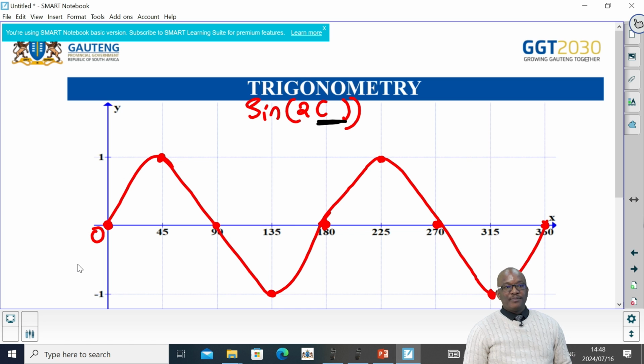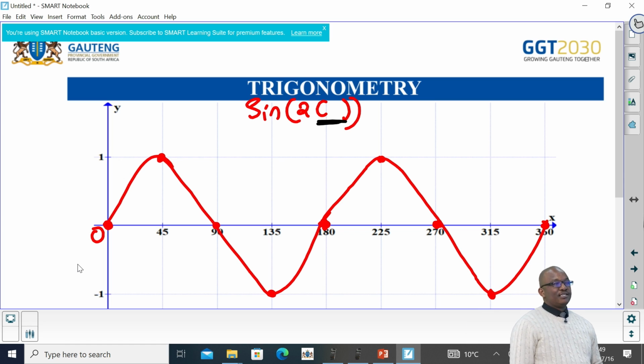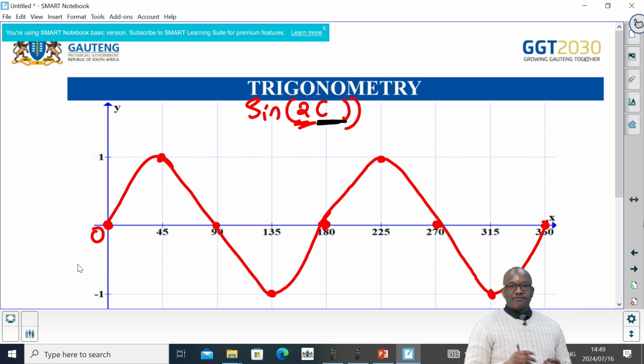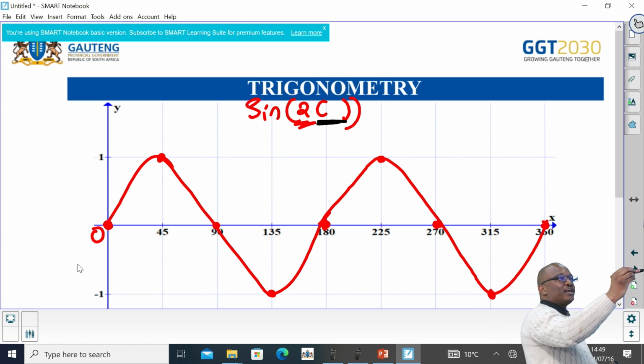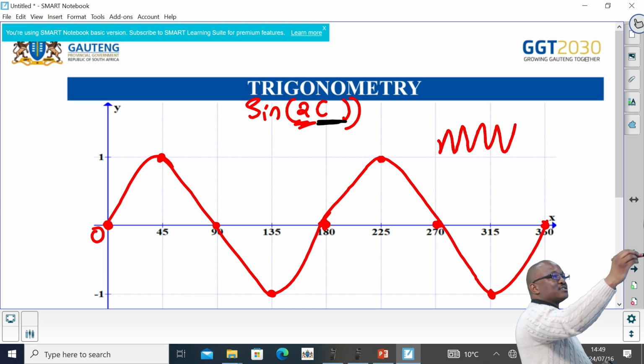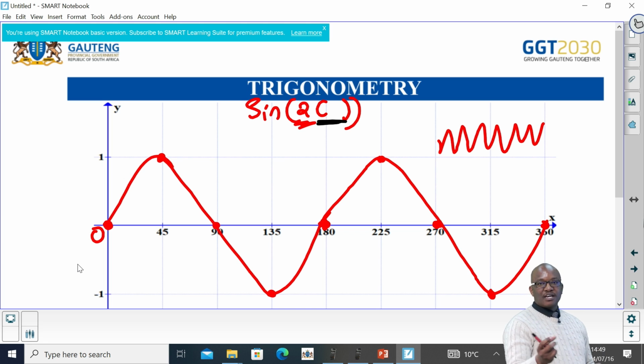Then questions will be asked about your range, your domain, and the amplitude, how to get them. So that's basically how you will draw your graph of sine with the effect of K. So now you can see, if we increase the value of K, it means our graph will shrink. It means if we increase the value of K, we're going to see those waves coming close to each other.